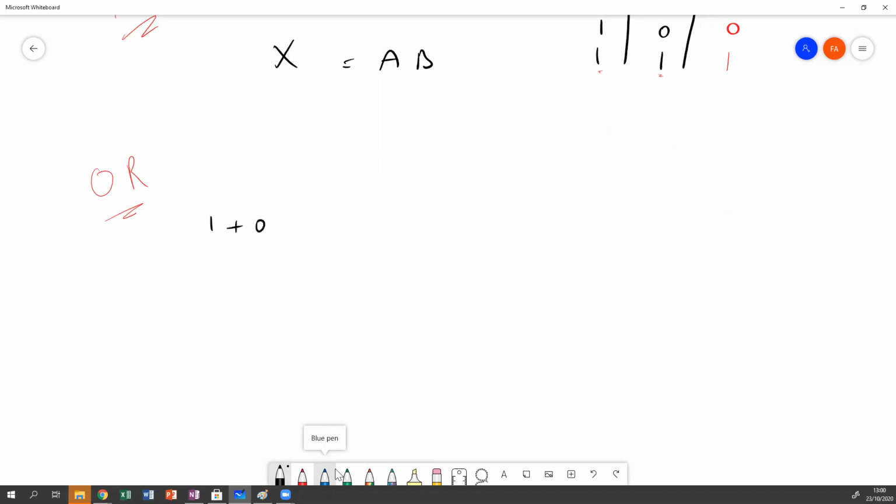It's not always correct, guys, but it's similar to addition. For example, 1 plus 0 is 1. 0 plus 1 is 1. 0 plus 0 is 0. None of them is 1. 1 plus 1 is 1, 0 carry 1. But for these three, I can use this concept and say that when one of them is 1, we get 1.